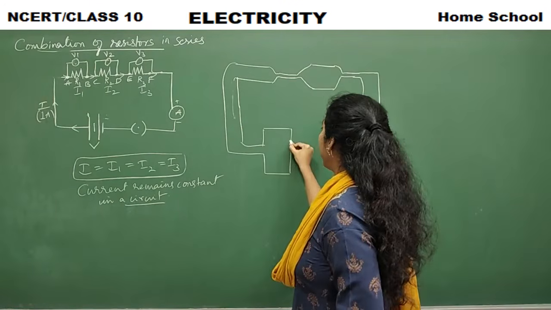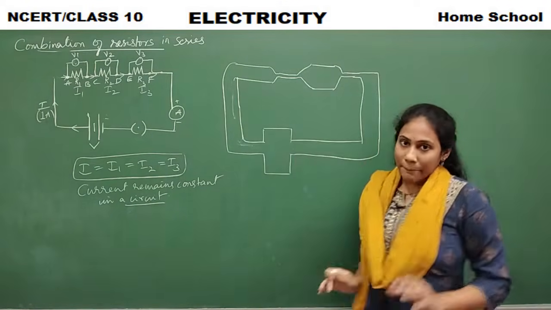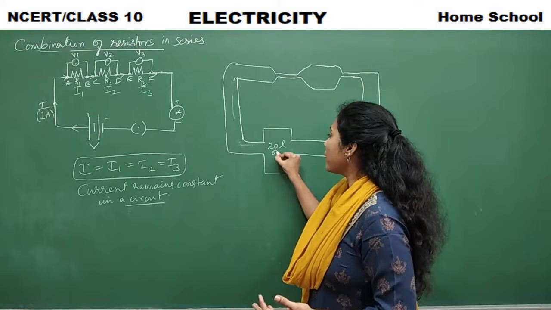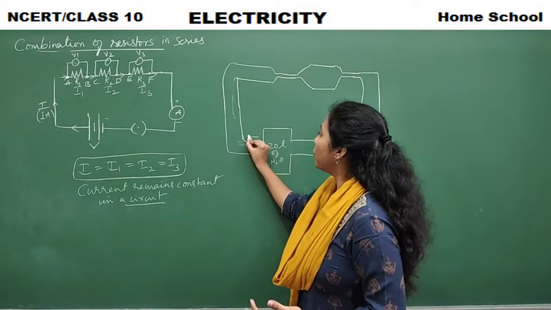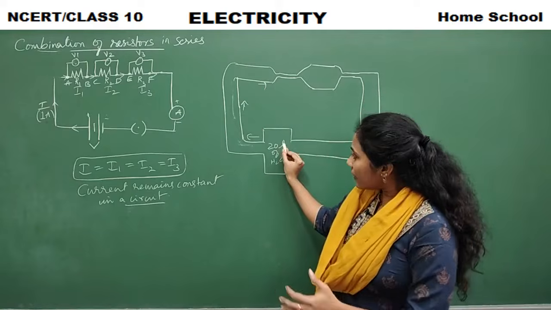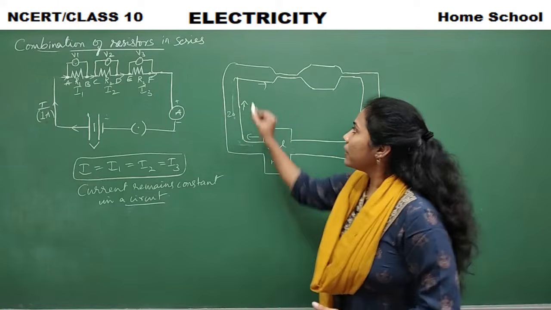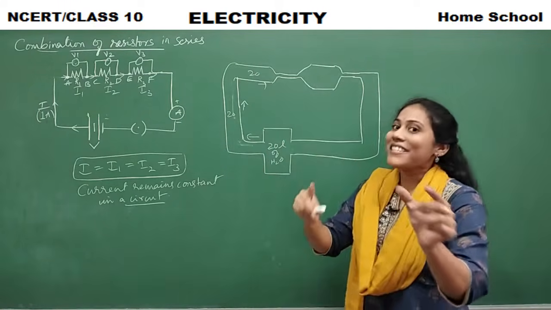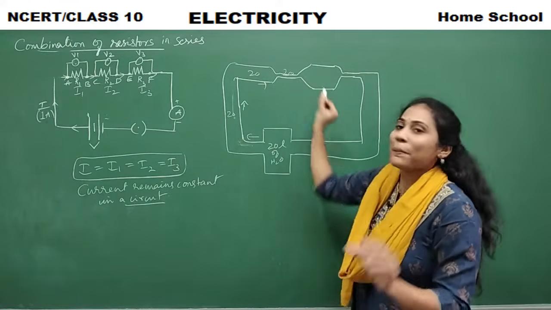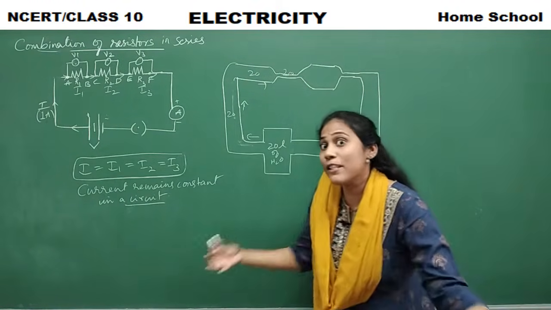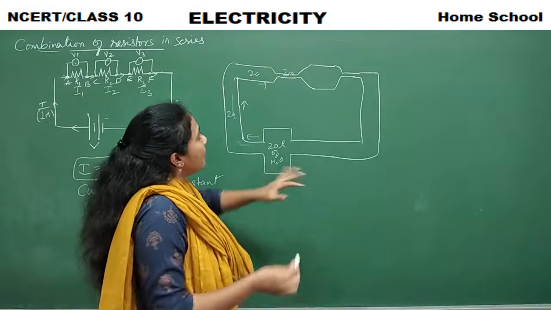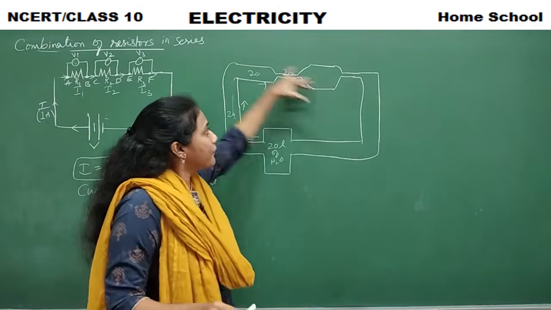This pump is sending 20 liters of water. 20 liters of water is flowing throughout the pipe. So the 20 liters will flow here, the same 20 liters can flow through this narrower pipe also, but it is slow. The passage of water through this narrower pipe is a little slow, but it flows, right?